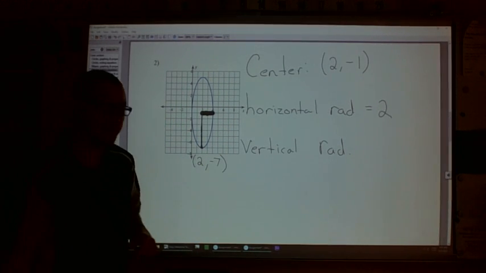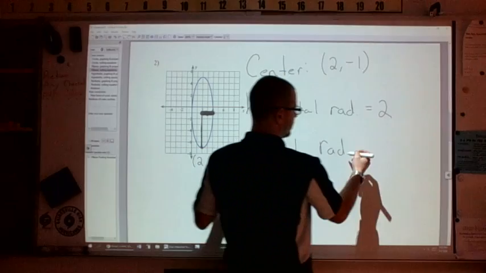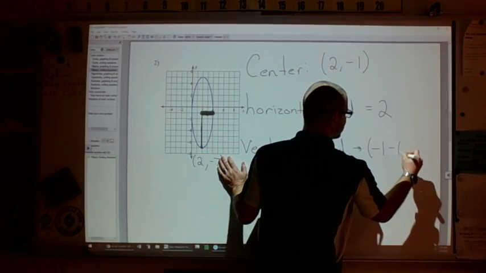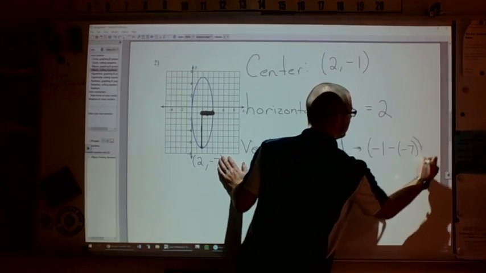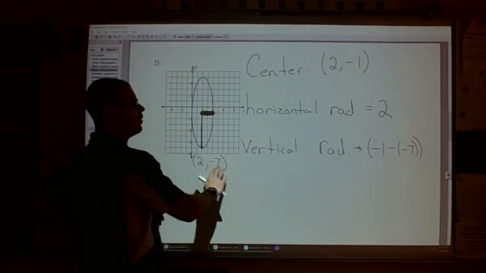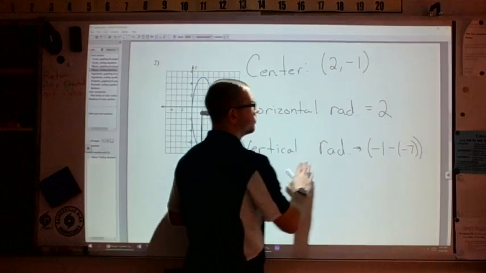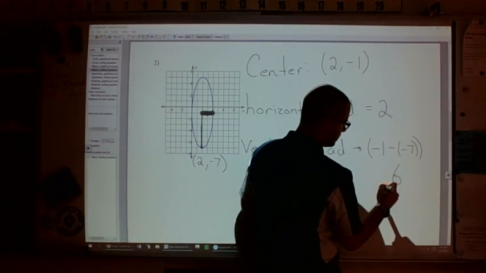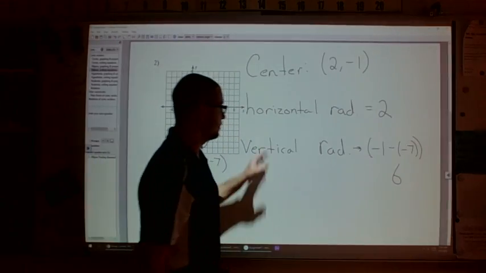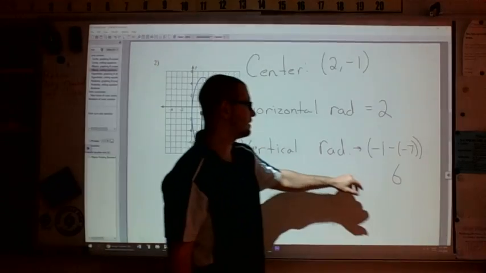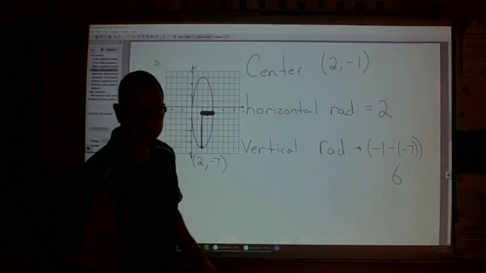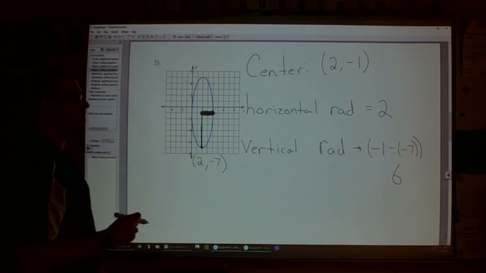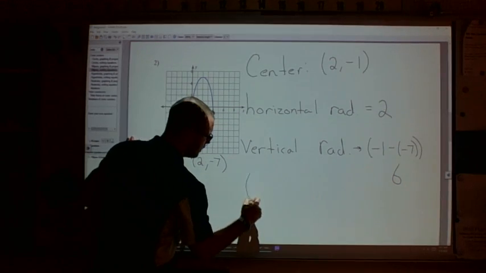So it's -1 minus -7, using the y coordinates of the ordered pairs, which is 6. So the horizontal radius is 2. The vertical radius in this case is 6, and that gives me enough information to write my standard form equation.